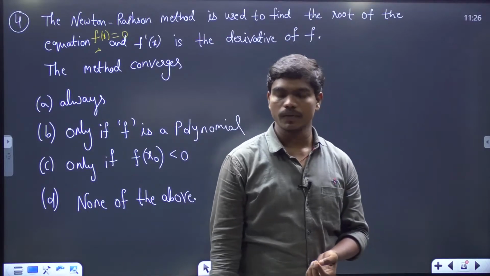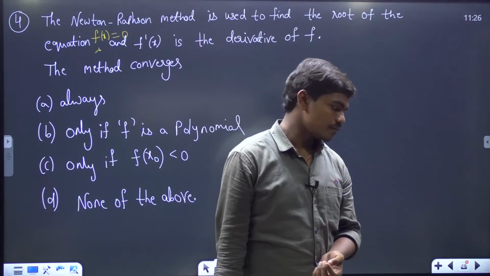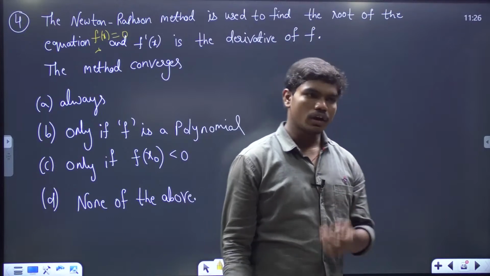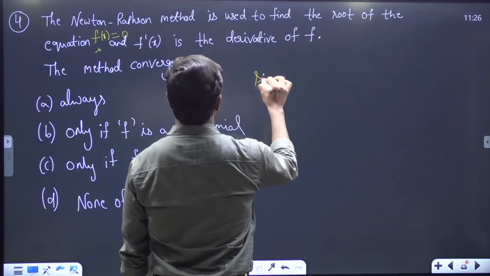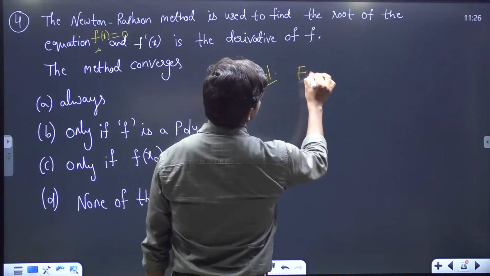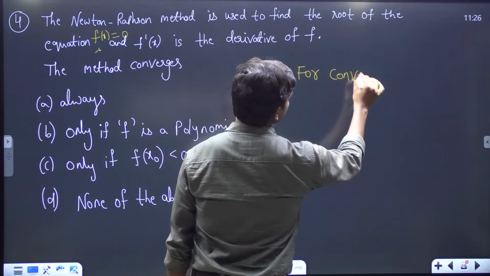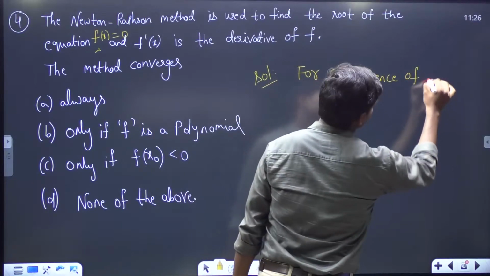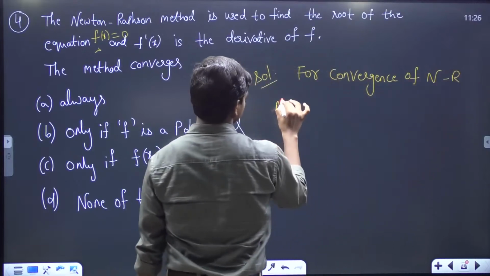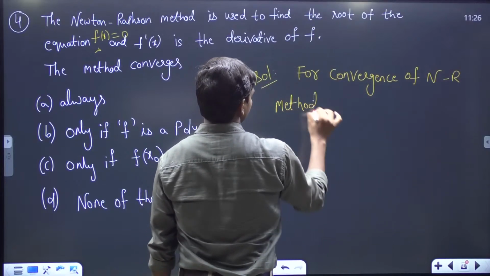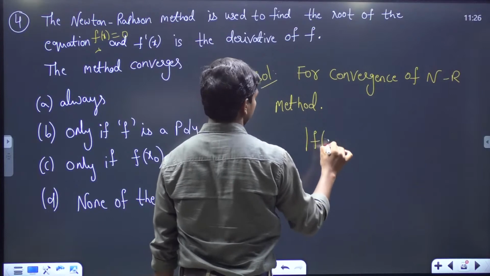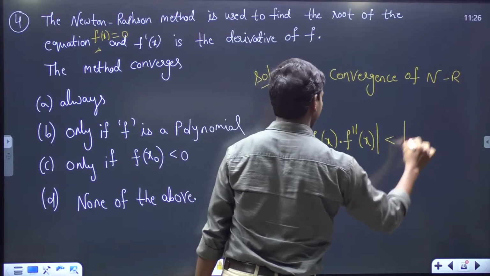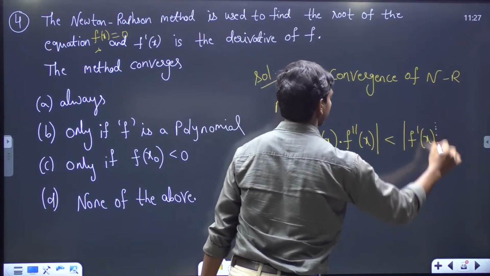Pradeep, is it C? Why should it be C? A. Did you all remember? We told you, for convergence of the Newton-Raphson method, modulus of f of x into f double dash of x should be less than mod f dash of x whole square.